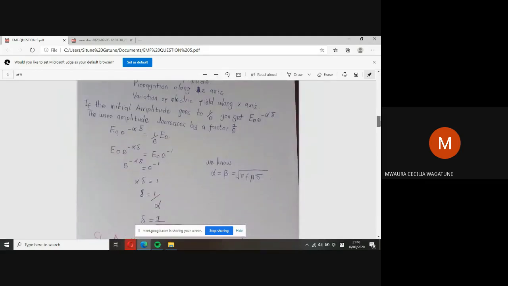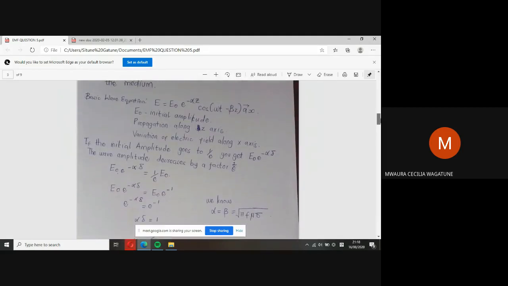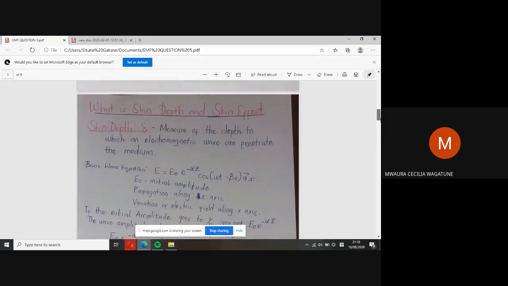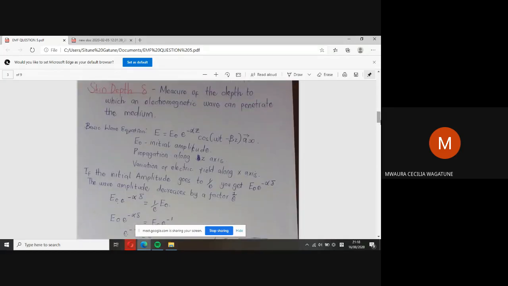Okay. So I want to find the formula for skin depth. So we'll start with just the basic wave equation. This is the basic wave equation. So E naught, okay, we know E is the permittivity. Now E naught is the initial amplitude.